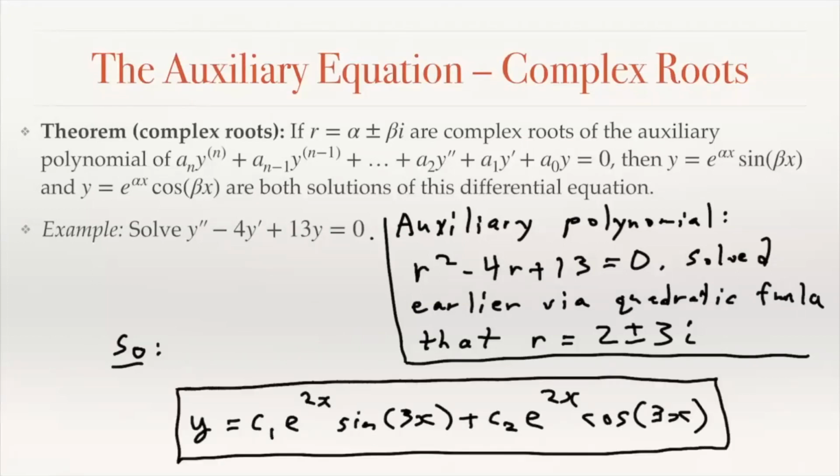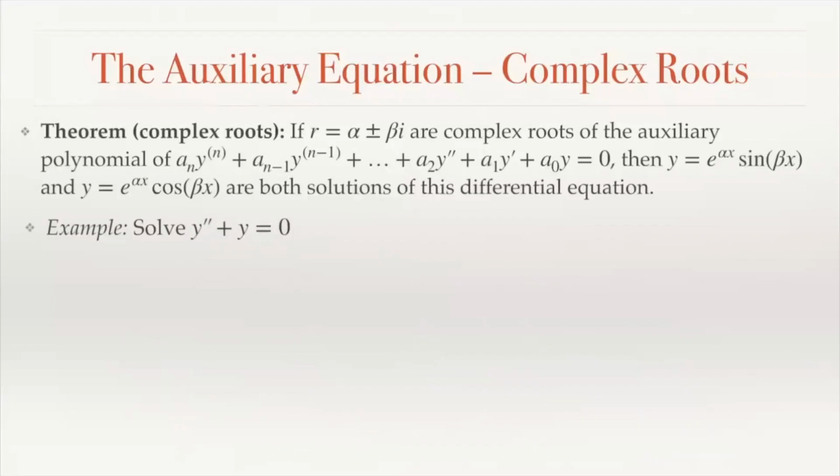That is what we have shown via Euler's formula, which we derived, for the two real linearly independent solutions corresponding to this conjugate pair. That real part 2 is there and there. The complex part 3 is there and there. And that's a two-dimensional solution set for a second order equation, so it is complete and the full solution.